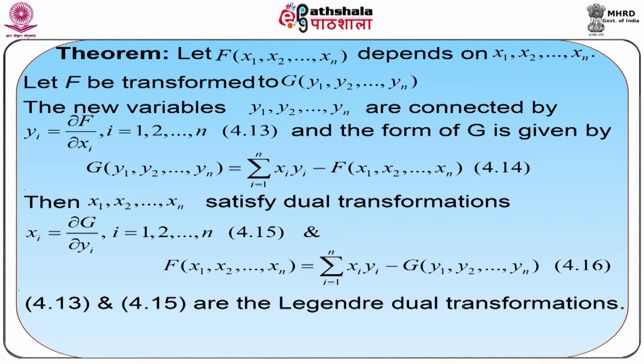The transformation between the two sets of variables x1, x2 up to xn and y1, y2 up to yn given by equations 4.13 and 4.15 are known as Legendre dual transformations.